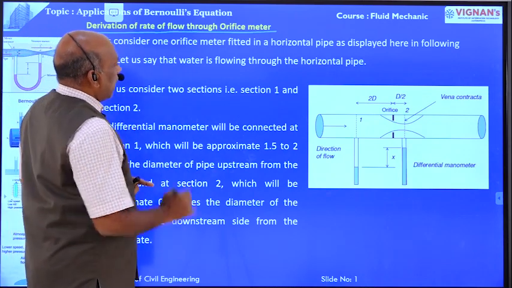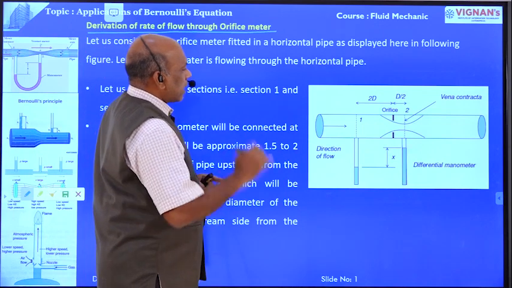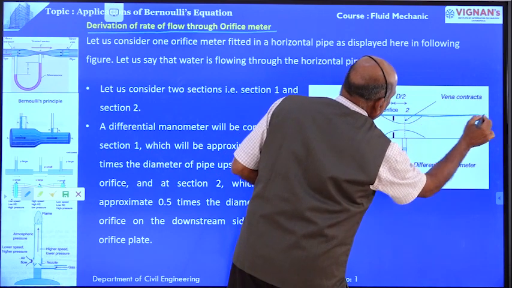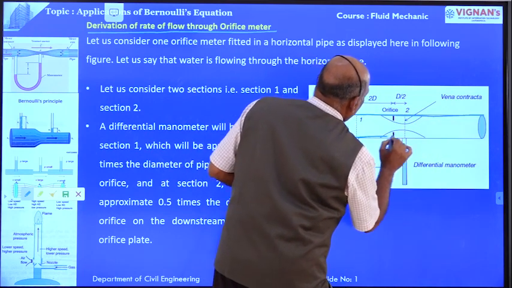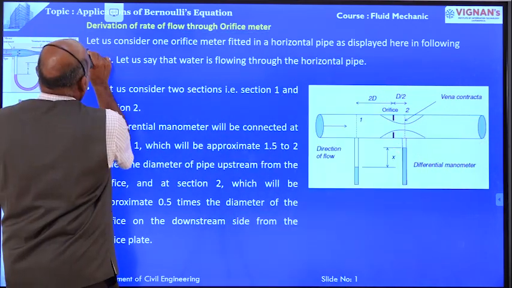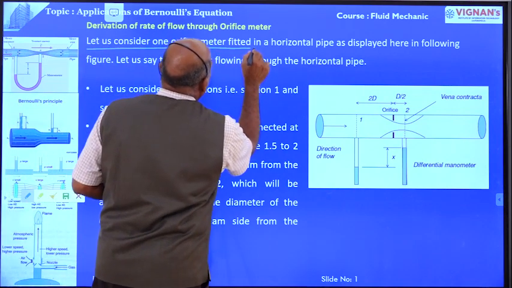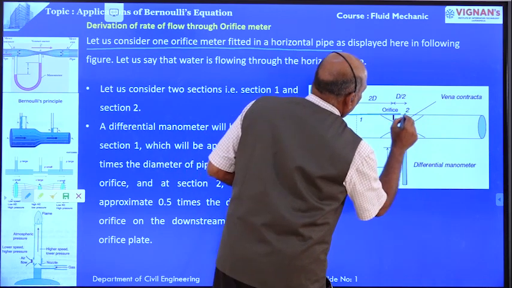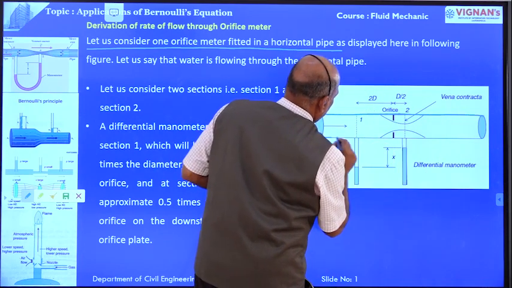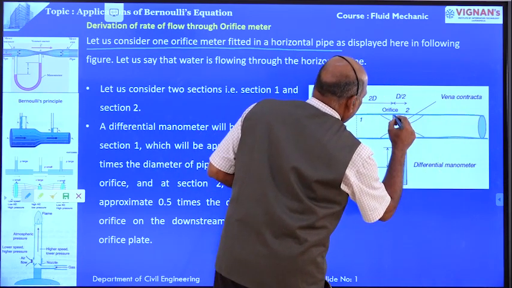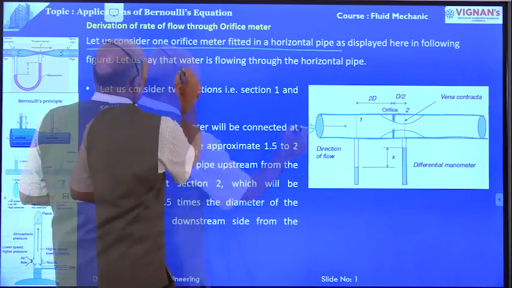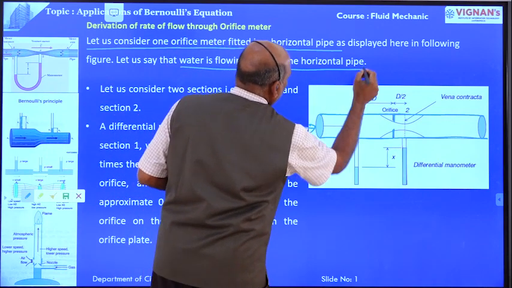Right. Let us consider one orifice meter fitted in a horizontal pipe. This is the horizontal pipe. Here one orifice meter is provided, and water is flowing through the horizontal pipe. Right.